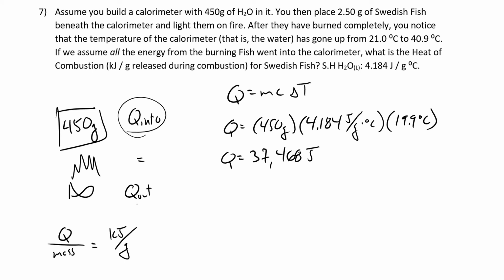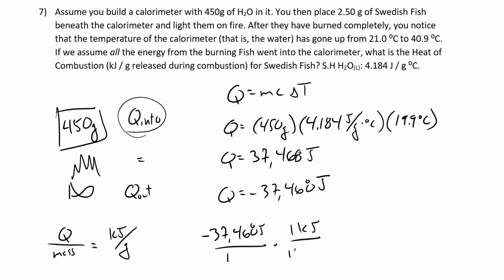Using this equality that Q into the water equals Q out of the fish, we also know that Q out of the fish is minus 37,468 joules. Let's do a couple of quick conversions. Take that energy out of the fish in joules, convert it to kilojoules, then divide by the mass of our fish.